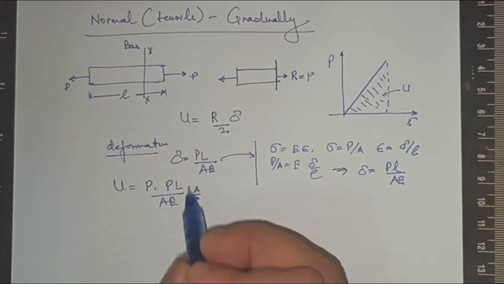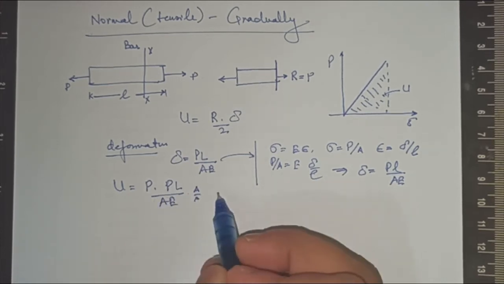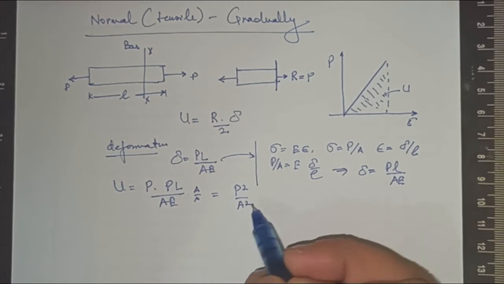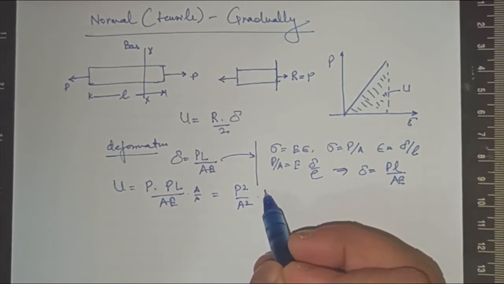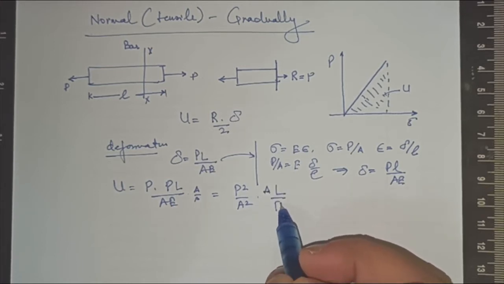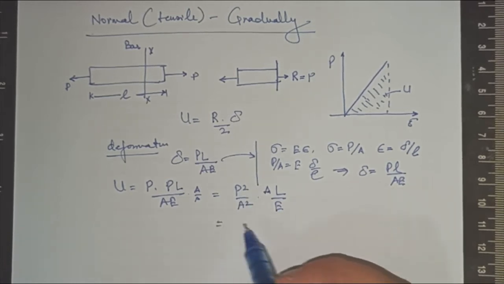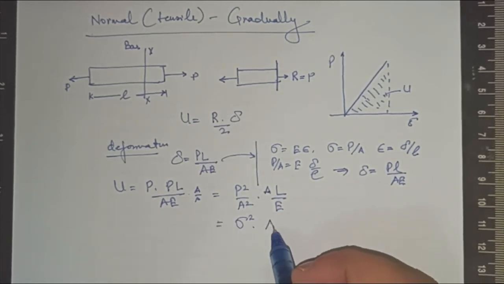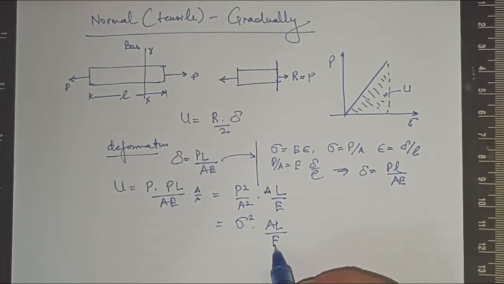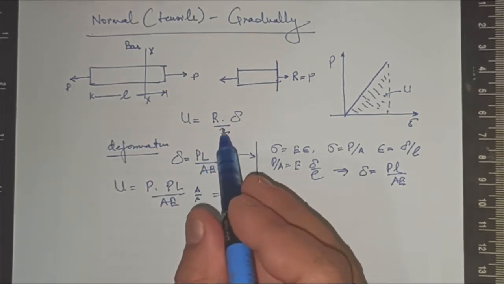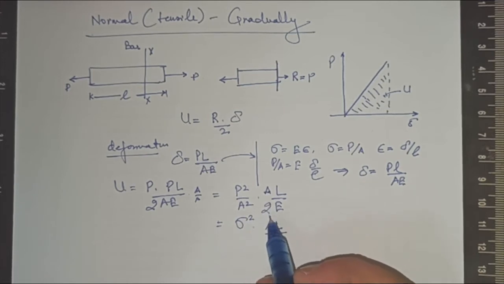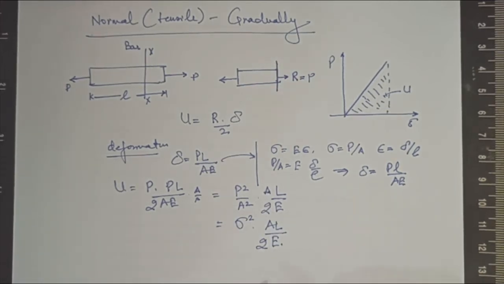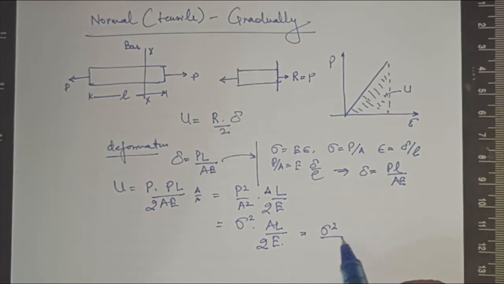Multiply A on both sides, so this becomes P square upon A square times AL upon E. This P square upon A square can be said as stress square, so it is sigma square upon 2E times AL.